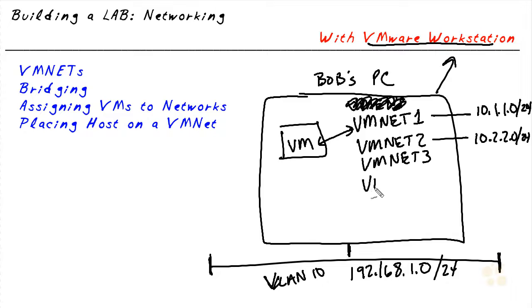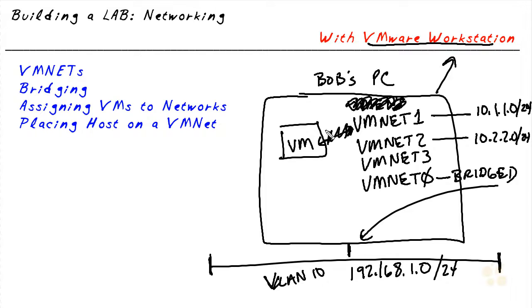Or if we had a VMnet, let's take VMnet 0, and we had configured VMnet 0 to be bridged to this physical network interface card, then if we associate the VM with VMnet 0, it's like algebra in high school. If A equals B and B equals C, then A equals C. And how that applies here is that if this VM is associated with VMnet 0, and VMnet 0 is associated to be bridged with this physical network interface card, effectively this VM is on that same network, the 192.168.1 in our case.